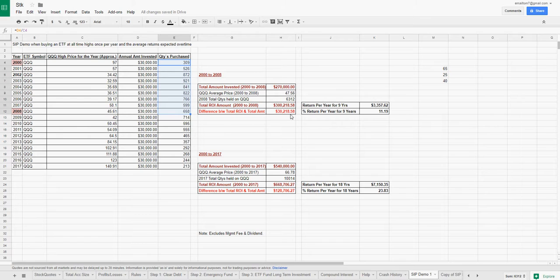And now I'm going to divide this 30k by the 9 years that I invested my money in. It comes up to an average amount of $3,357. I just divided this amount by 9 years, so I'll get it per year.